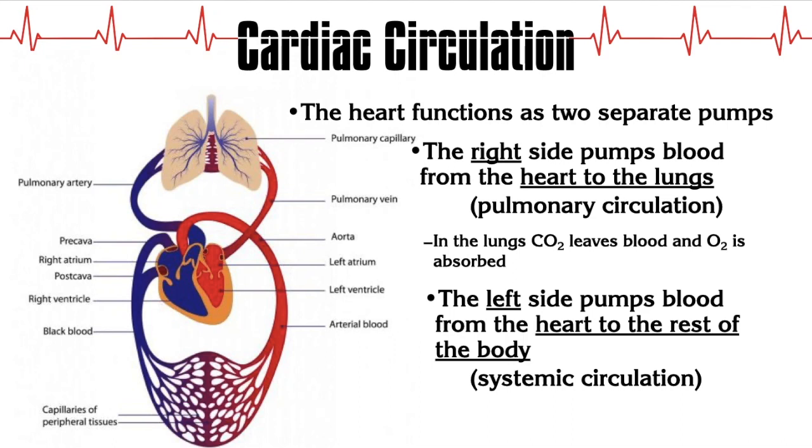So I'm not talking about the right side is only red and the left side is only blue. I'm talking about the left side of the heart, the precavas and the aorta is closer to the left of the heart, while the pulmonary artery and pulmonary vein are more on the right side.